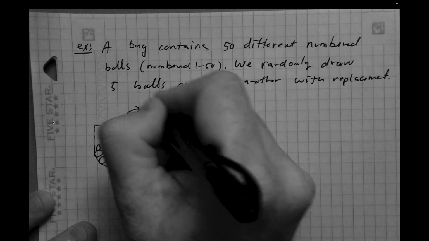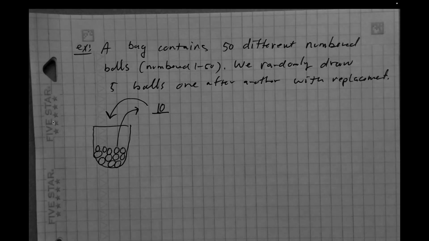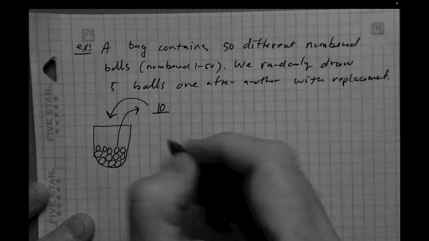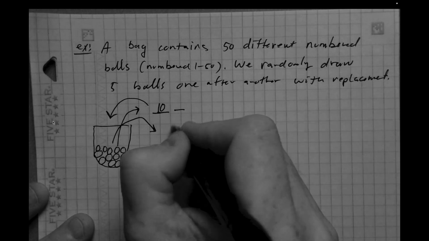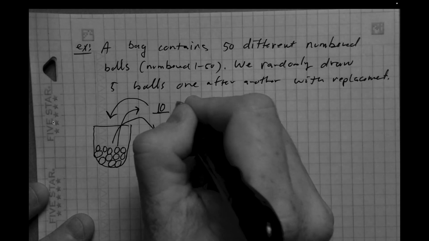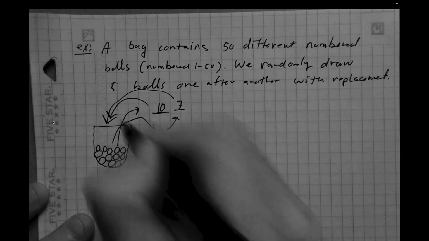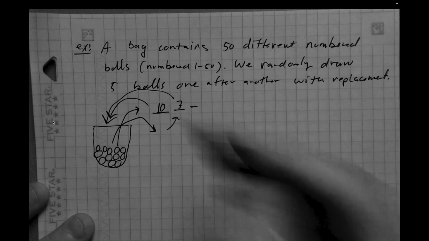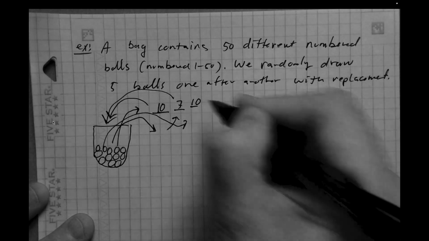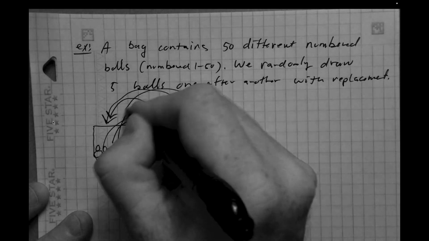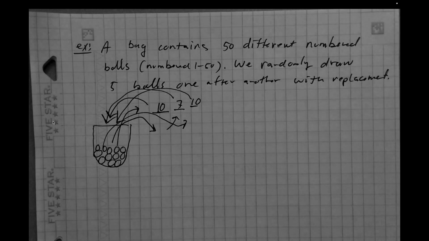And then what do I do? I throw it back in, right? And then I do the same thing again. I take another one out, I look at it, maybe it's a 7, and then I throw it back in. And then I do it again. I take one of the balls out, I look at it, oh, look, I got the 10 again. That can happen. I throw it back in, right? Because I'm replacing the balls as I take them. I take them out, I look at them, I throw them back in.